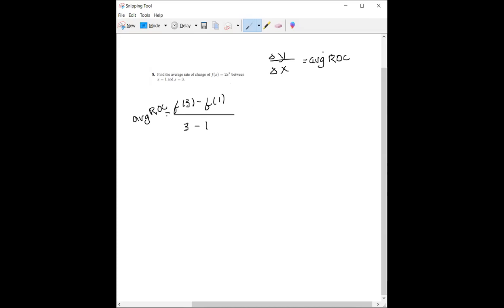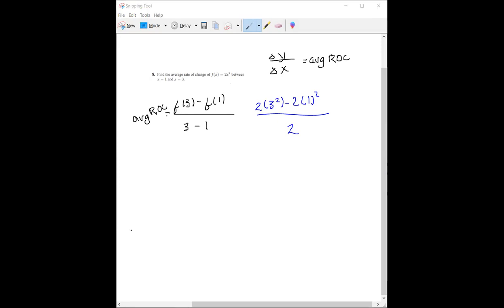Then we're basically just going to plug and chug. We're going to say that this is 2 times 3 squared minus 2 times 1 squared, over 2.